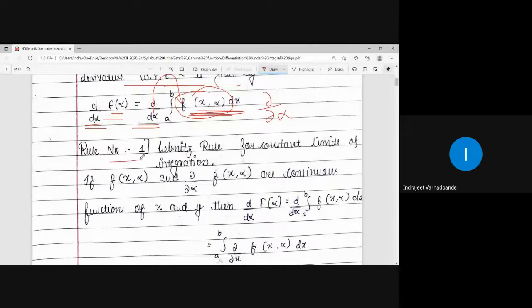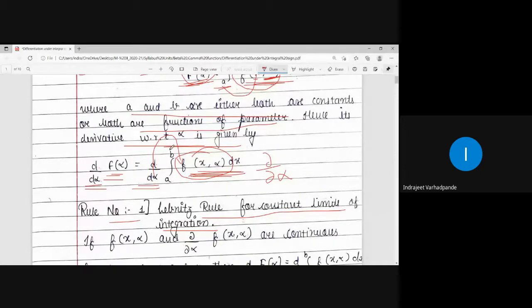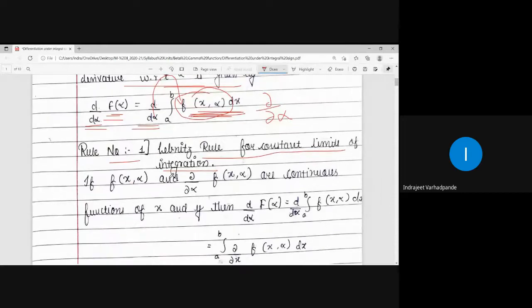So rule number one, Leibniz rule for constant limits of integration. Case number one, when these two limits are constant. Case number two, when these two limits are functions of parameter.